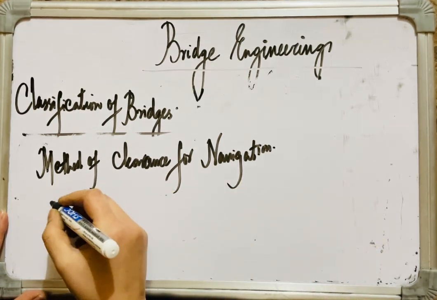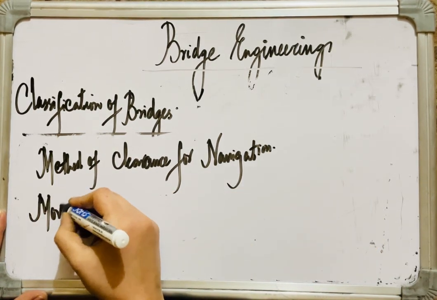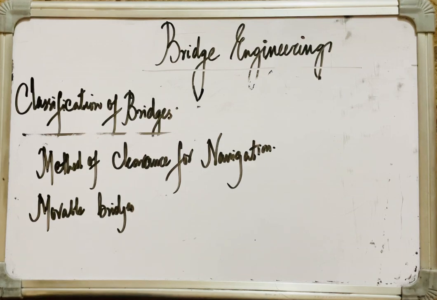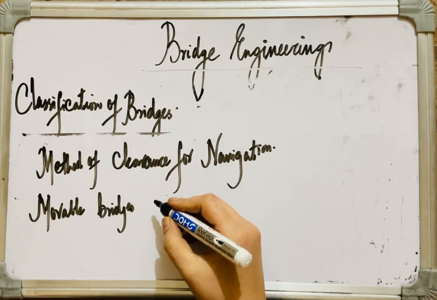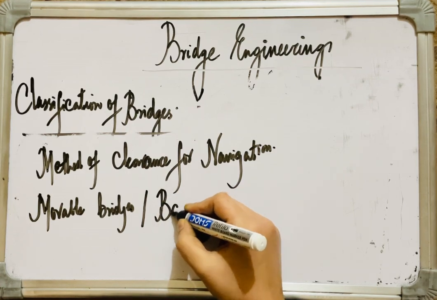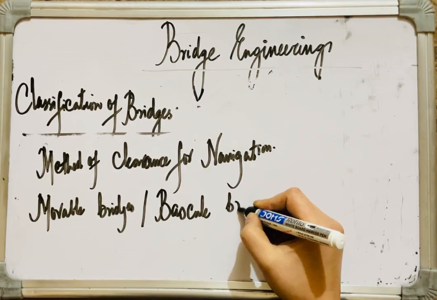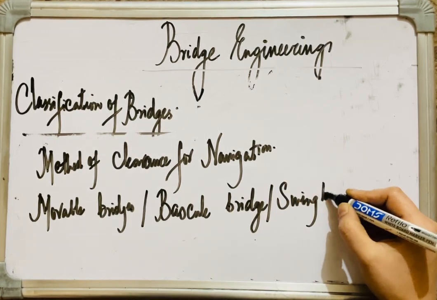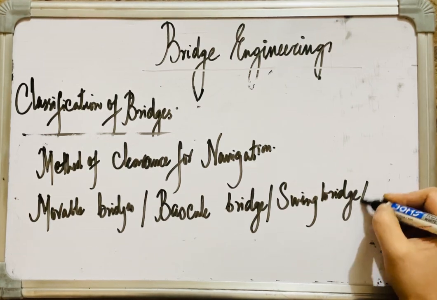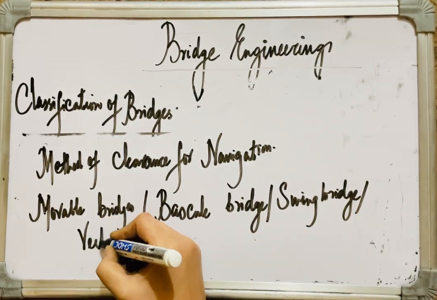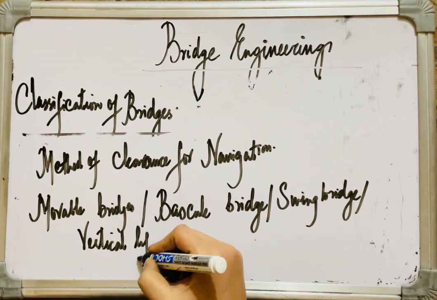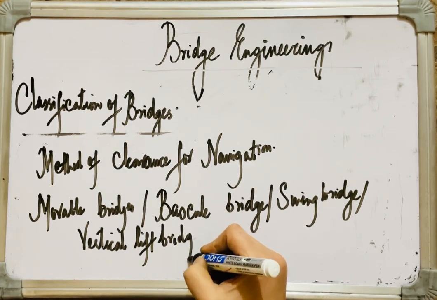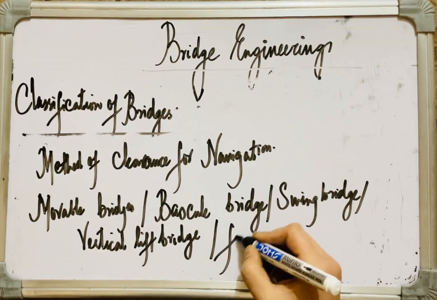We have movable bridges, we have bascule bridges, we have the swing bridge, vertical lift bridge, and we have a floating or a barge bridge.